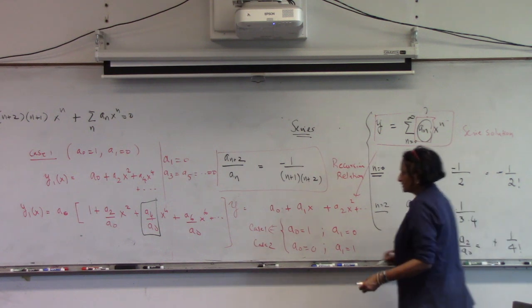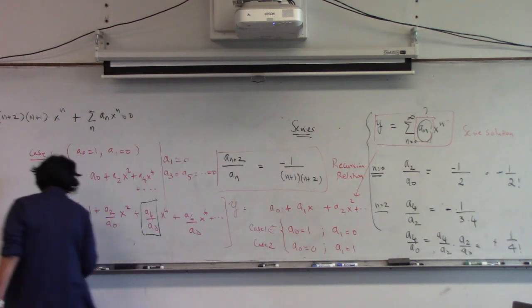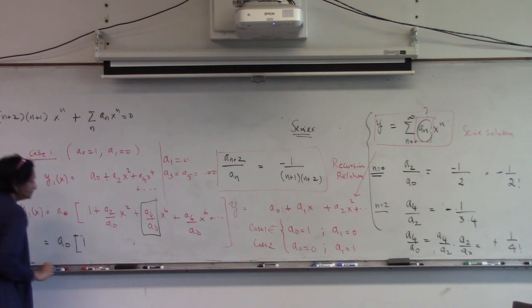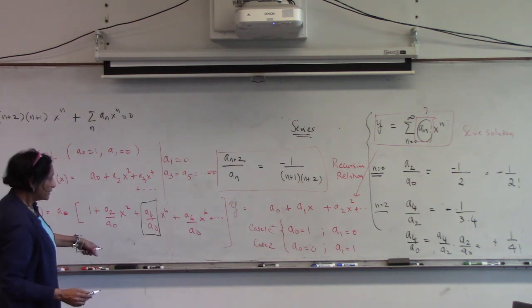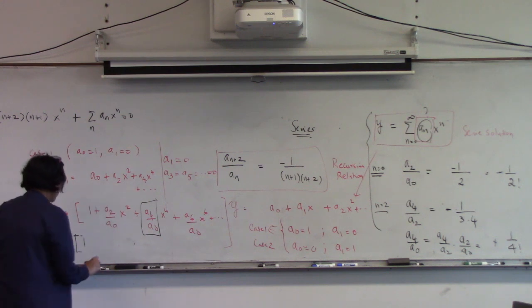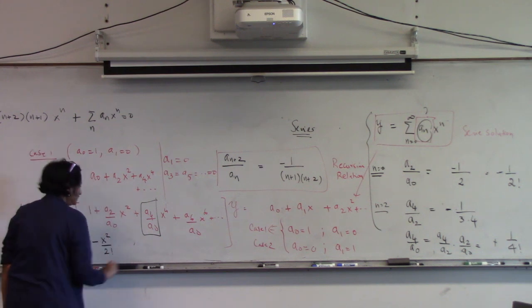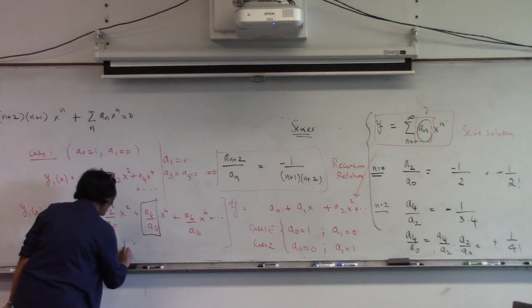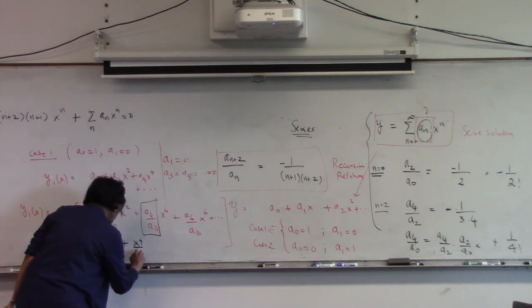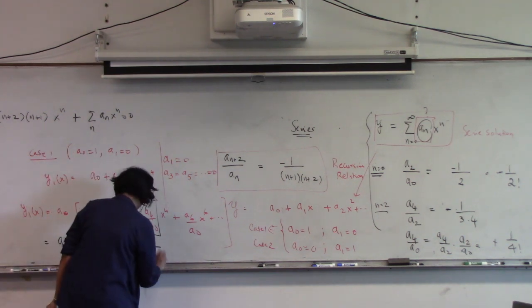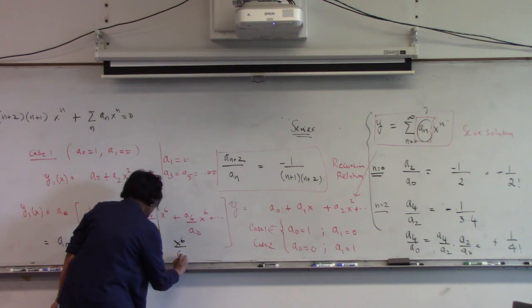So you can sort of see the pattern here now. The first solution is nothing but a0 times 1, minus x squared over 2 factorial, plus x to the power 4 over 4 factorial. I don't have to calculate the next one, I know. It'll become minus x to the power 6 over 6 factorial.